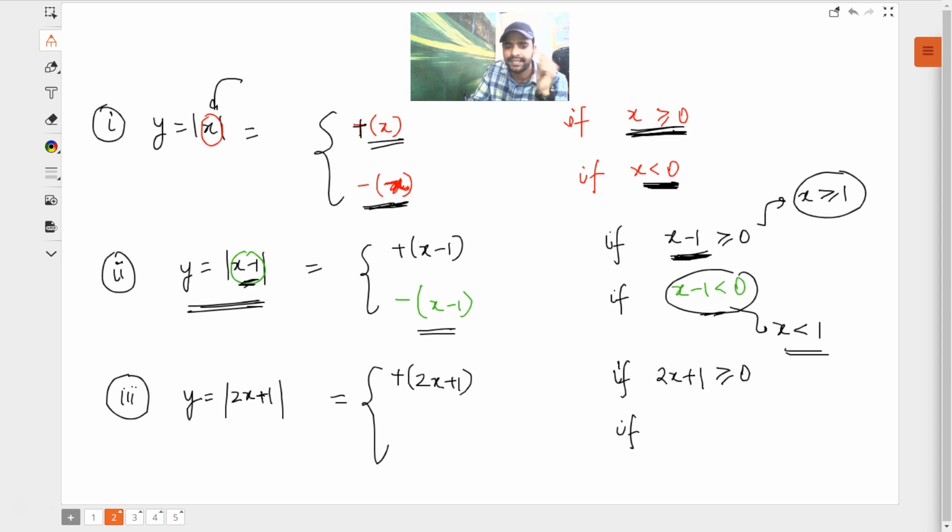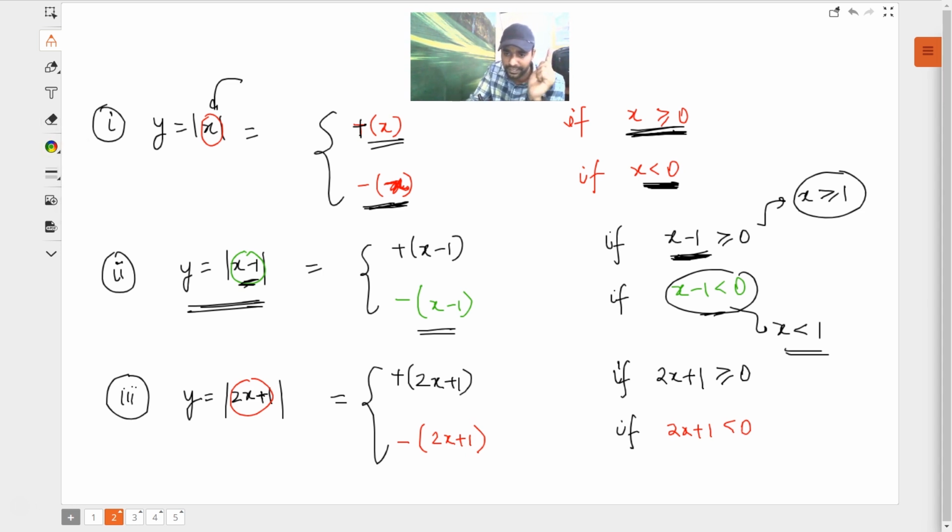If the thing written inside the modulus, what is written over there? 2x plus 1. Okay, I'm sorry, 2x plus 1. If 2x plus 1 is negative, that means the thing written inside the modulus is negative, I'll open that modulus with a negative sign. Everybody clear with these things or not?